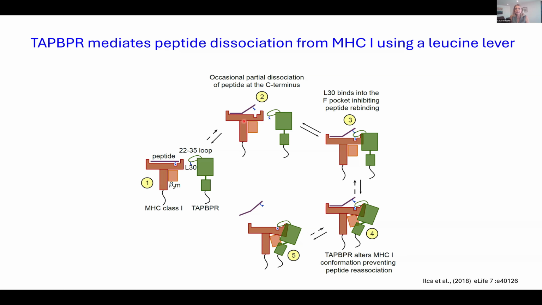So we then think that the leucine residue of TAPBPR can be inserted into the MHC class 1 F pocket, and that this then will inhibit the peptide from rebinding at the C-terminus. Then TAPBPR can cause further conformational change in the MHC class 1 that will prevent the peptide from rebinding to the MHC class 1 molecule, and then we have the complete dissociation of that peptide from the MHC class 1.